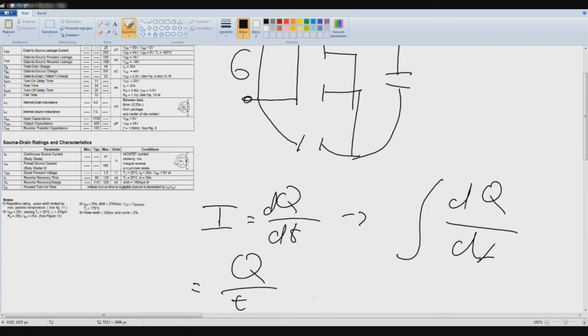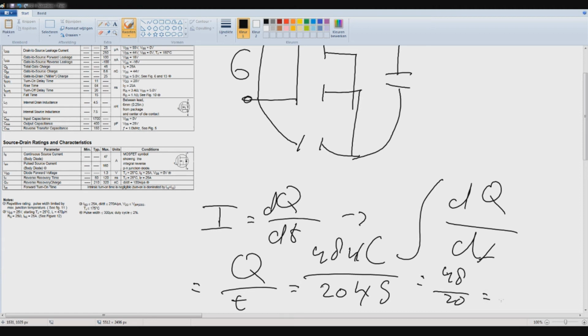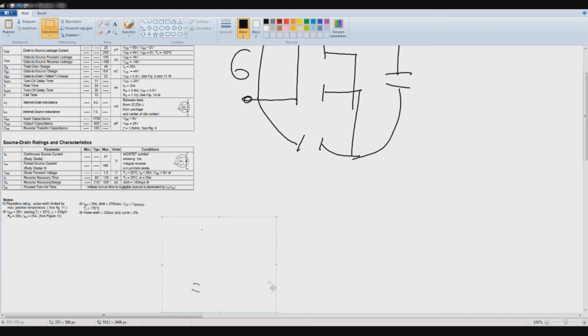If we look here, we have 48 nanocoulombs, and let's say we want a very high switching speed, let's say 20 nanoseconds. The nanos cancel out, and we have 48 divided by 20, which is 2.4 amps. Therefore, we must deliver 2.4 amps to the MOSFET gate somehow.